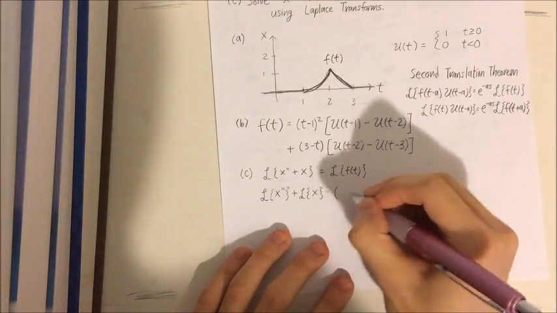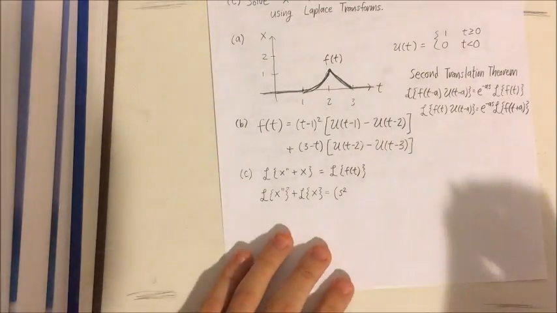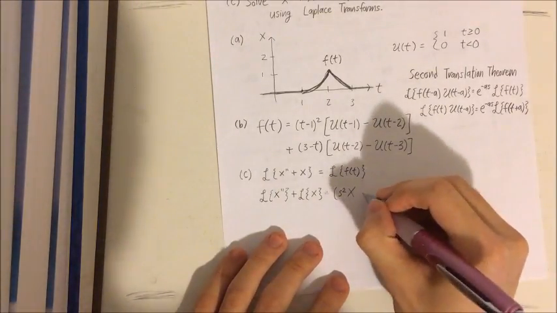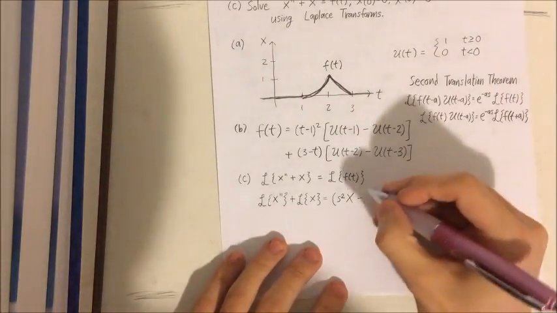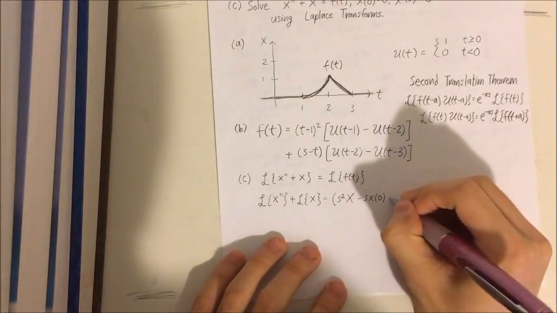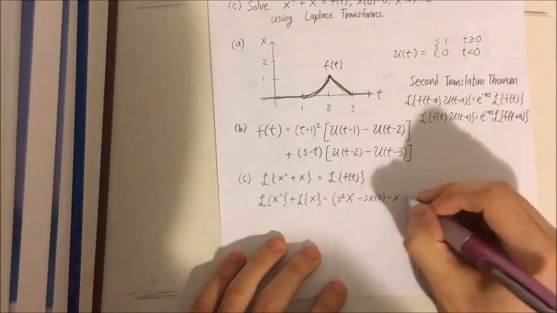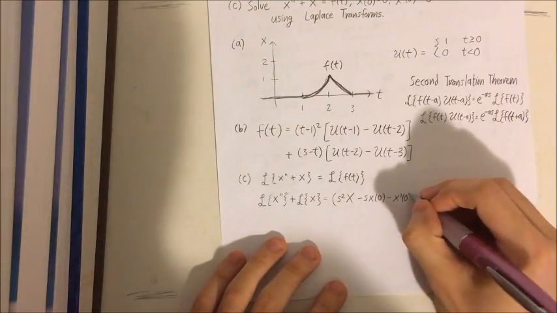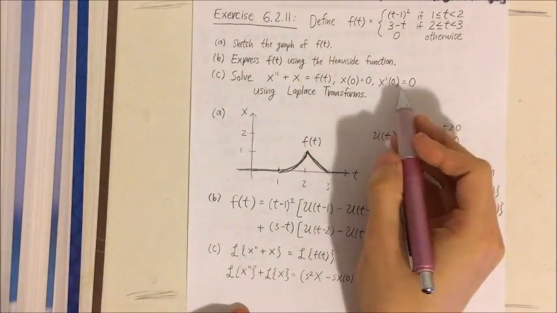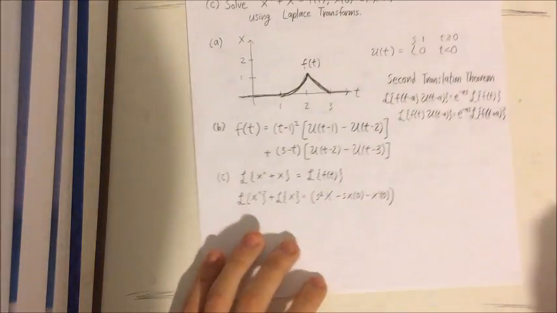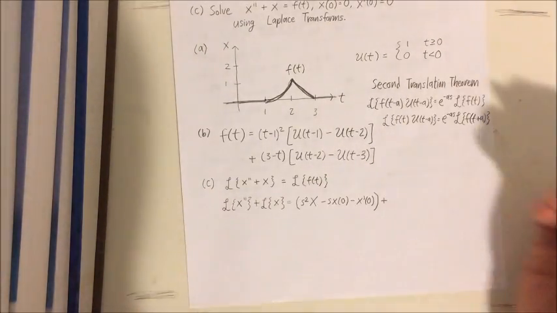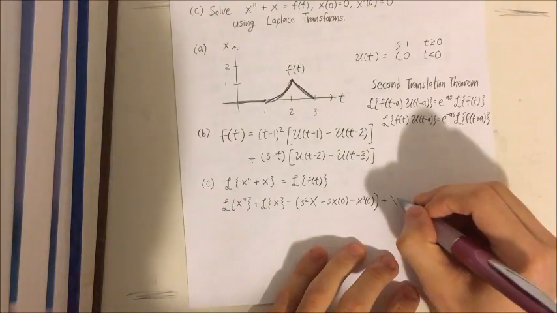So this is going to equal s squared times the Laplace transform of x, let's call it big X, minus s times the initial value x evaluated at 0, minus the initial value x prime evaluated at 0. And if you remember, we were given that these are both 0. So that's going to be nice for us. Plus the Laplace transform of x, which we said to be big X.